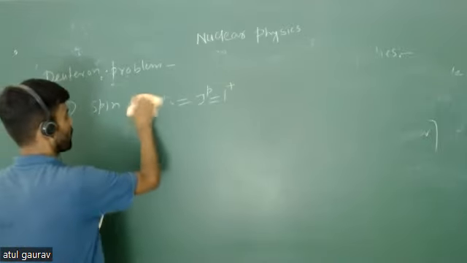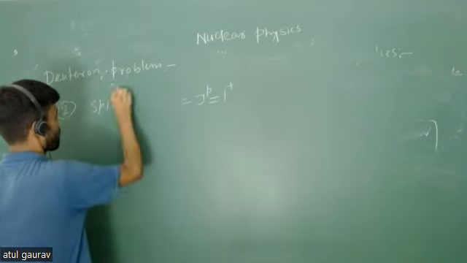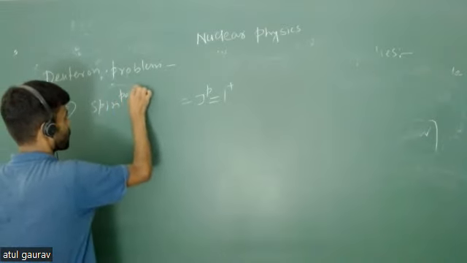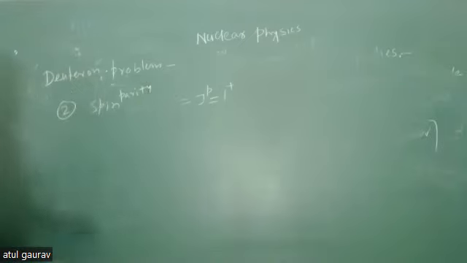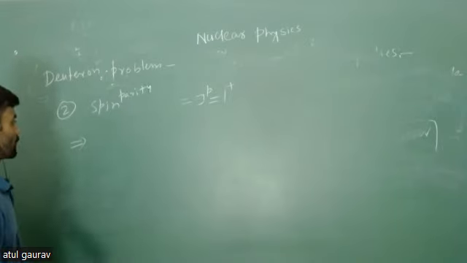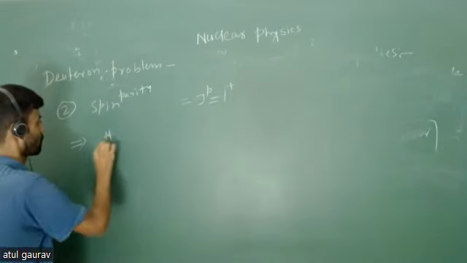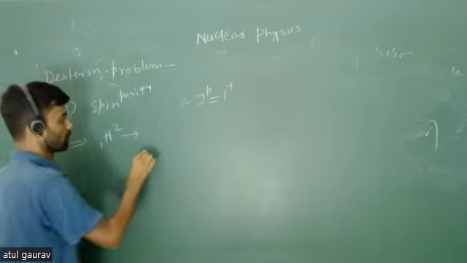Of course, parity will be written in upper. Yes sir, 1 plus. Can you calculate? I will calculate. Sir, it will be half plus, right? No, 1 plus. So you see, this is by adding its proton and neutron.